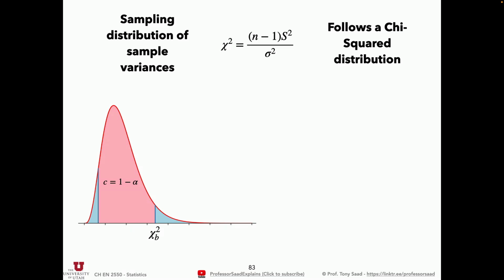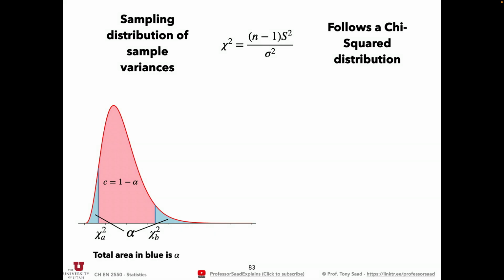And we will call those two values here, on the x-axis, where it's a chi-squared variable, chi-a squared and chi-b squared, or chi-low, chi-high. There's no chi-minus and chi-plus. And the area in the blue, same as we did before, is alpha.